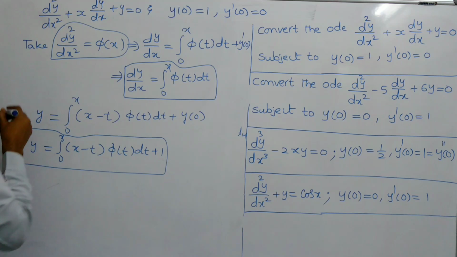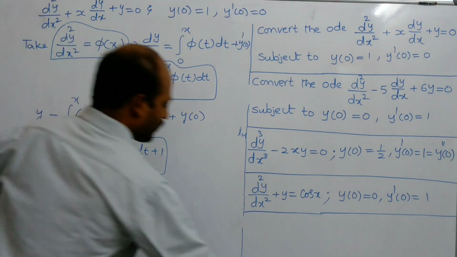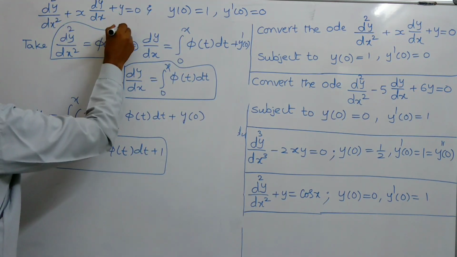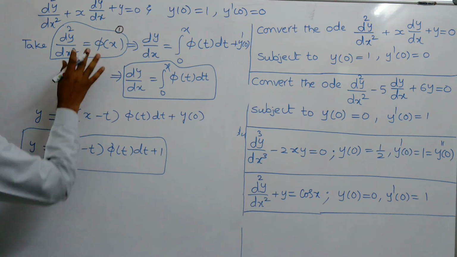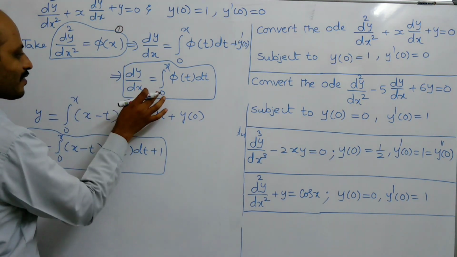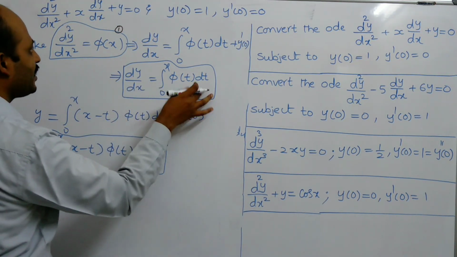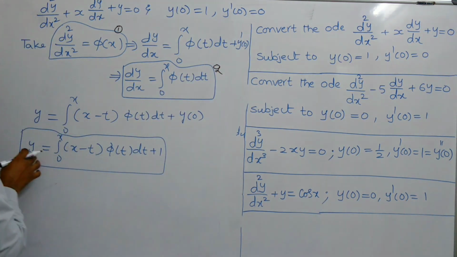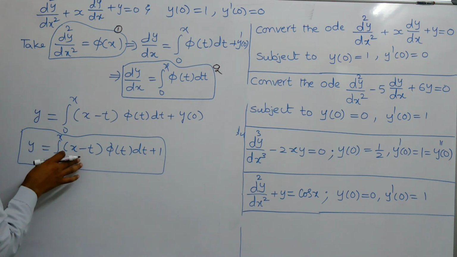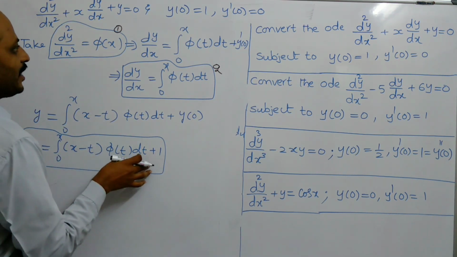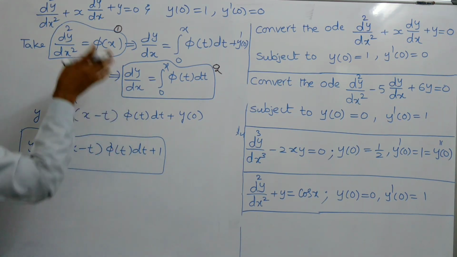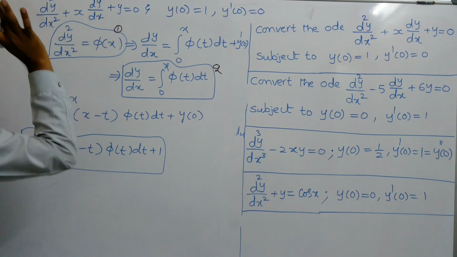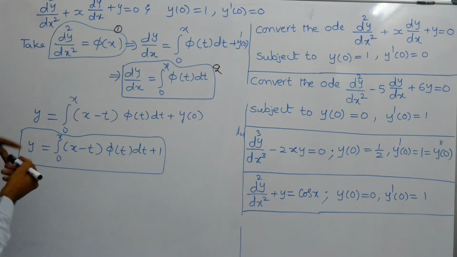Observe that d square y by dx square is equal to pi of x. dy by dx is equal to integral 0 to x pi of t dt. And y is equal to integral 0 to x of (x minus t) pi of t dt plus 1. So let us substitute every term in the above given differential equation.